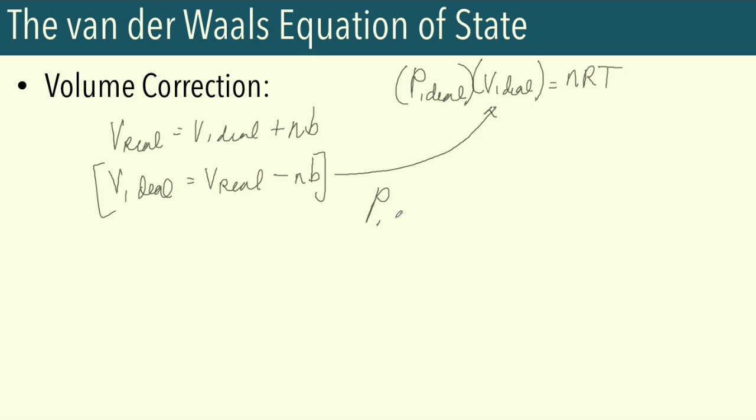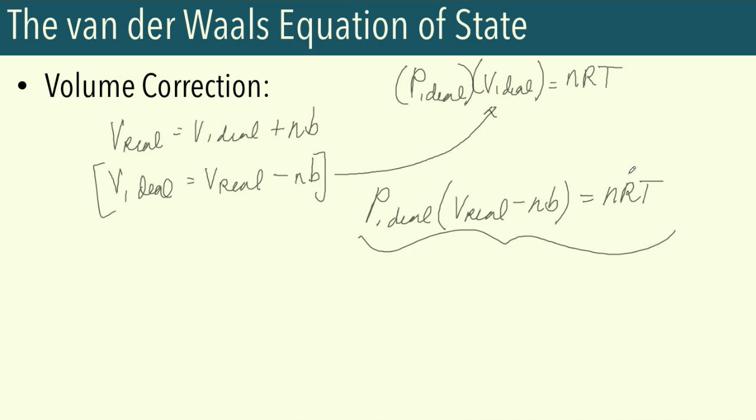So we have P ideal times V real minus nB is equal to nRT. This is our van der Waals equation for now when we take into account the corresponding volume correction. So this is our equation so far.